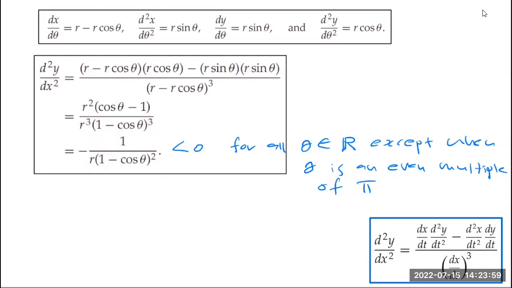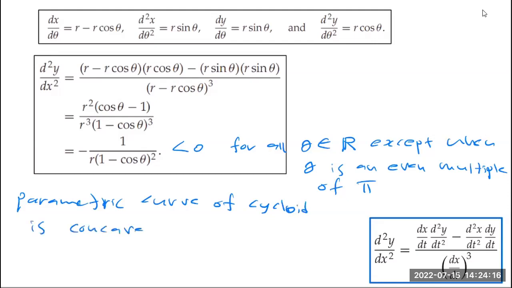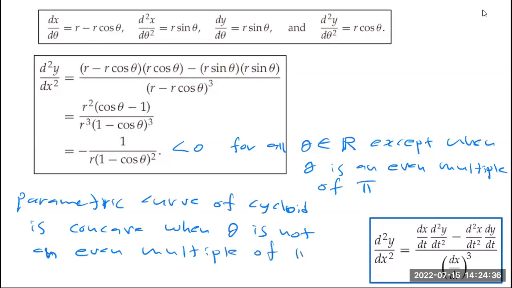Your parametric curve, the curve of the cycloid, is concave down when theta is not an even multiple of pi. Okay, that's exactly what we were asked to prove.